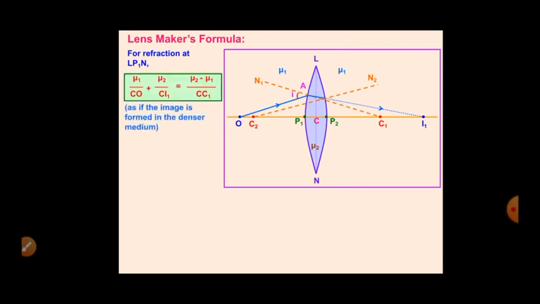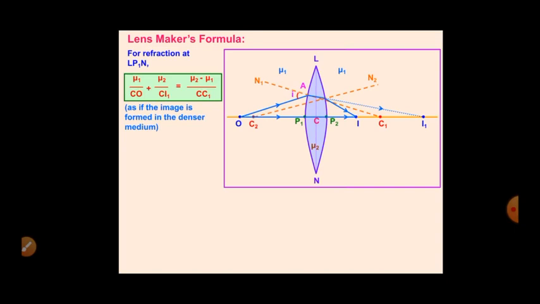We had the formula for refraction at a spherical surface, and we use it here: mu1 upon CO, which is the object distance, plus mu2 upon CI1, the image distance, is equal to mu2 minus mu1 upon CC1, the radius of curvature.